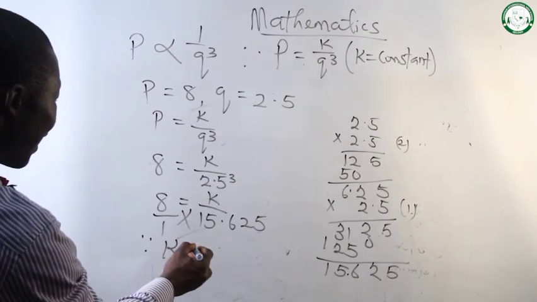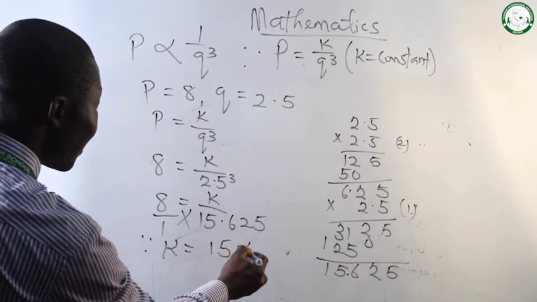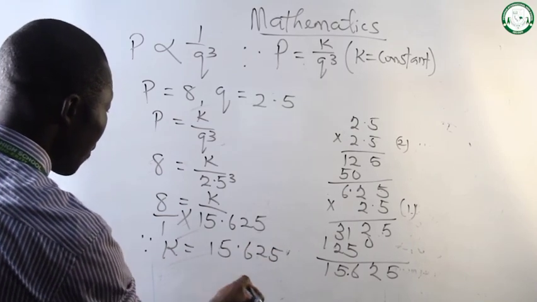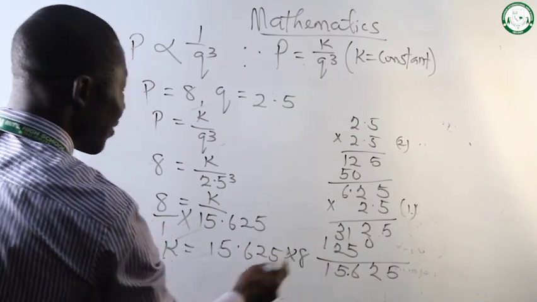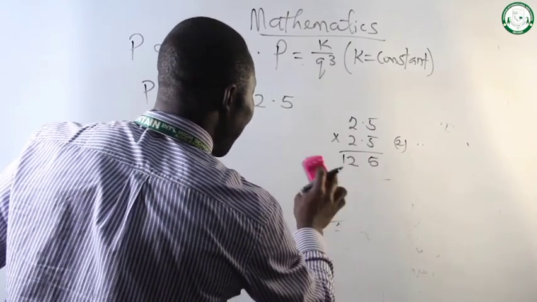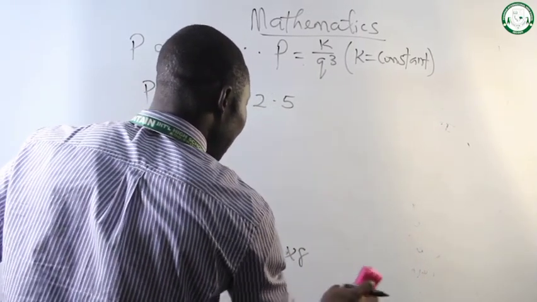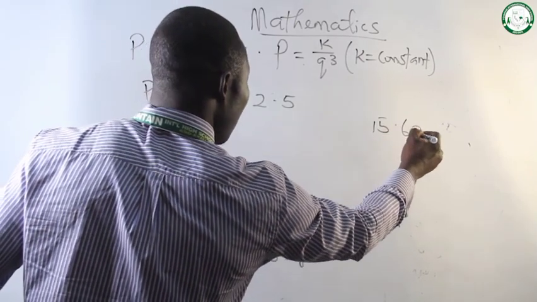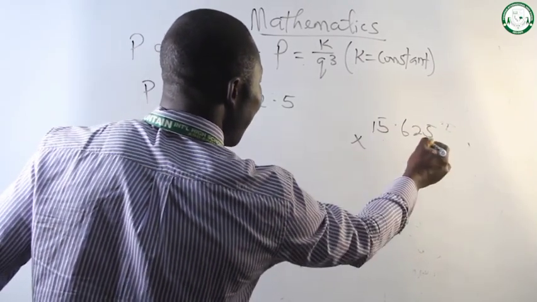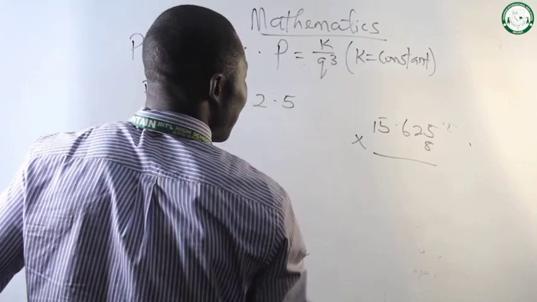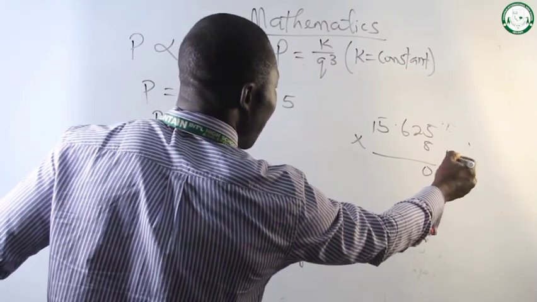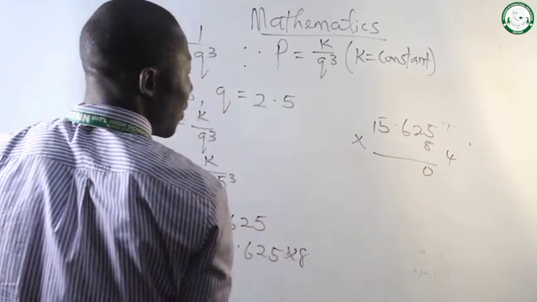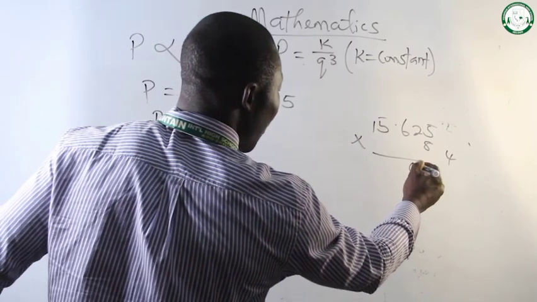Therefore, K equals 15.625 multiplied by 8. So let's multiply it by 8 and see what it will give to us. 15.625 multiplied by 8. 8 times 5 gives us 40. We are keeping 4. 8 times 2, 16, plus 4, 20.